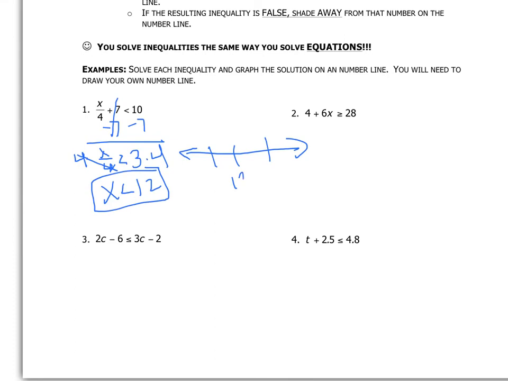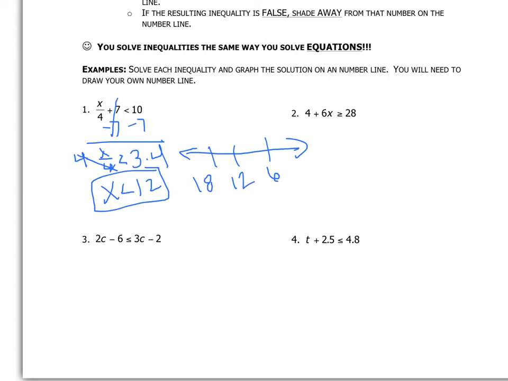I still put 12 in the middle. I want to put a lower number on the right. 6, 12, and then you can do 18. Doesn't matter. You want to put your solution in the middle. And if it's going left or going right, it doesn't really make any difference.